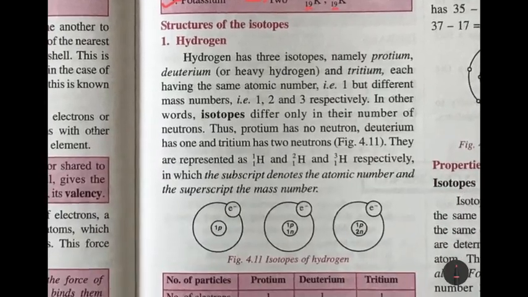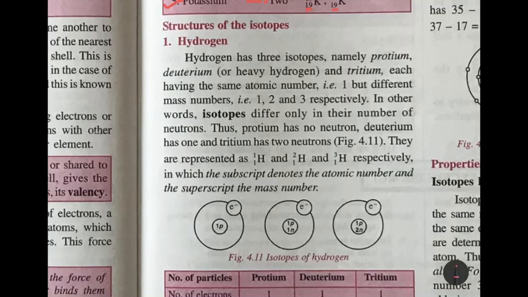When we come to the structure of isotopes, first let us look at hydrogen. You already saw in the example that hydrogen has 3 isotopes. They are known as protium, deuterium or heavy hydrogen, and tritium. In your one word answers, if I ask you to name heavy hydrogen, you will write deuterium. Each has the same atomic number 1, but different mass numbers 1, 2 and 3.